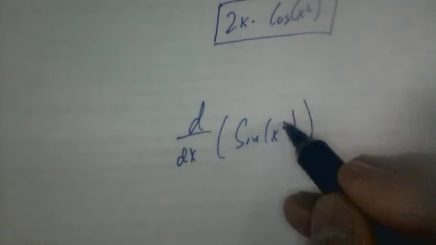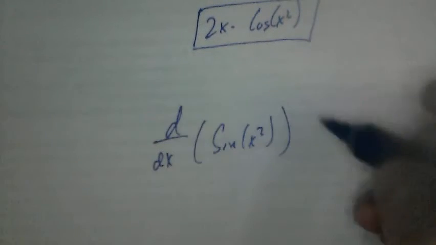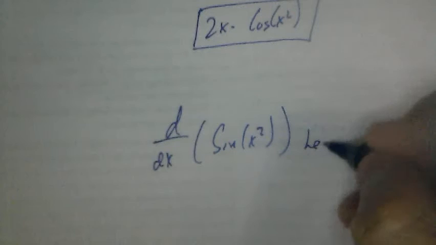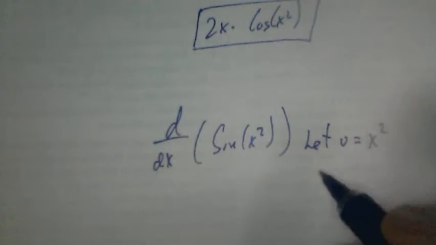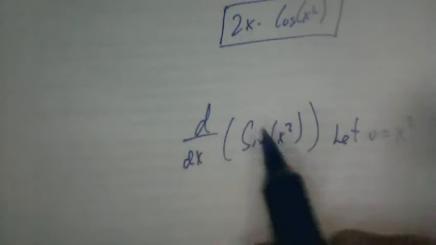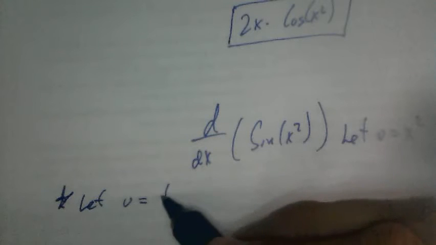So what you would do is use a U substitution. So we're going to say let U equal the inside function. So that's the key thing here. Maybe I should put a star here. Let U equal the inside function.